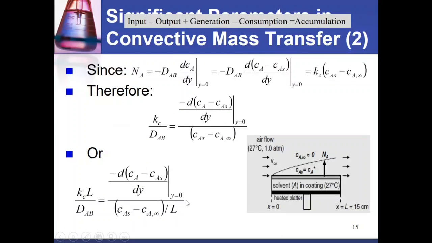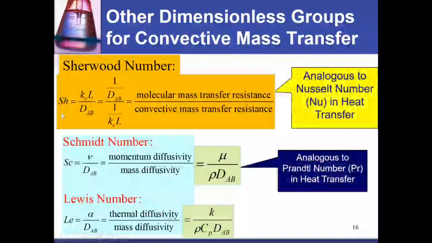So this is the concentration gradient over the change in y, and this is the concentration gradient in this region over L. This one we call the Sherwood number.